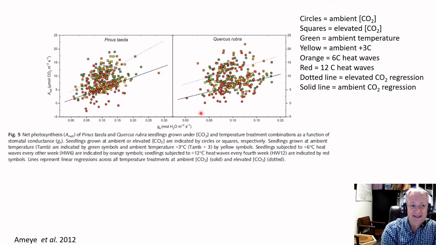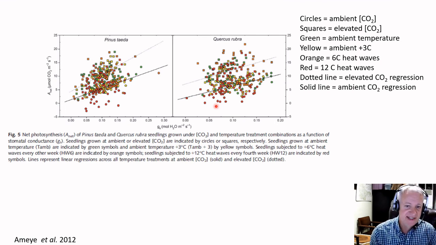What you can see is that while there are generally negative effects on net photosynthesis of these heat waves or elevated temperatures, to some extent those negative effects of temperatures are mitigated by elevated CO2.